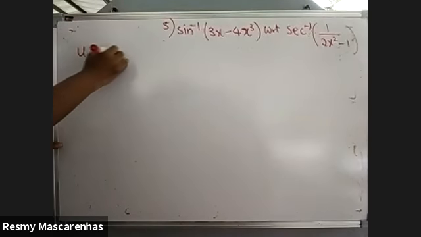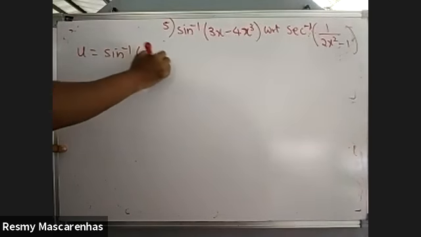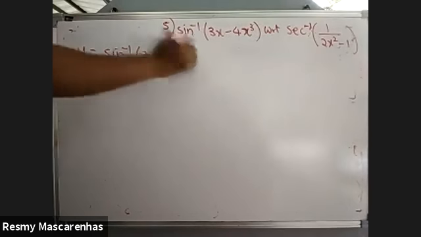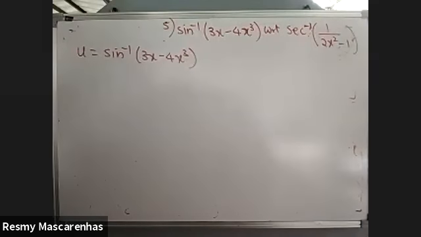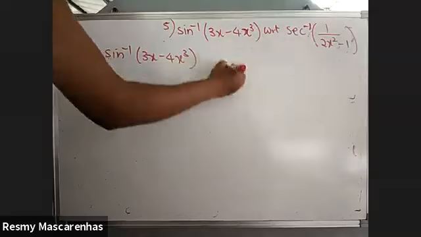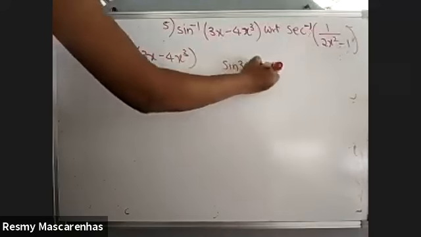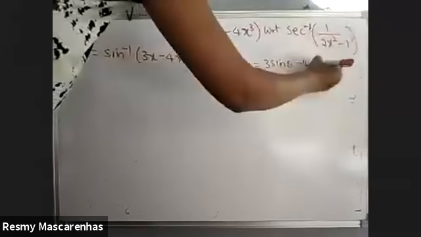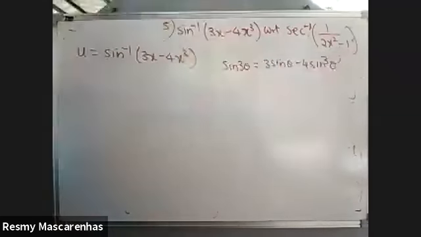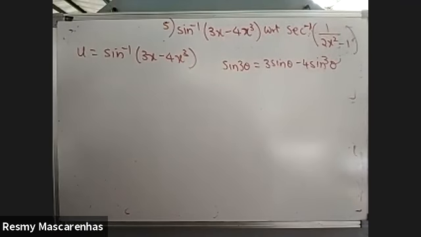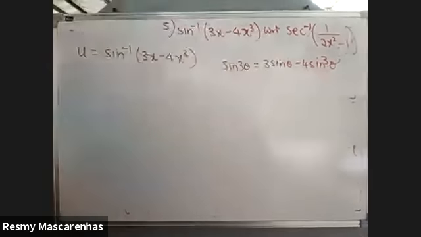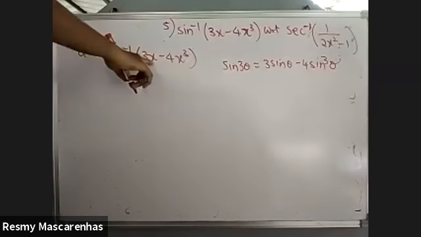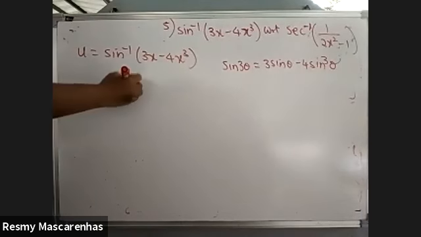U is sine inverse of 3x minus 4x cube. Now, you know the formula: sine 3 theta is nothing but 3 sine theta minus 4 sine cube theta. So you have to use this sine 3 theta formula. In place of x, what should come? It will be sine theta.